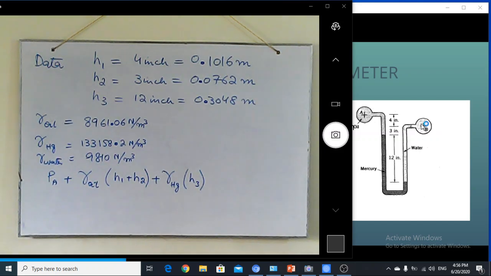Now on the other part, the water has a height of 12 inch and 3 inch.